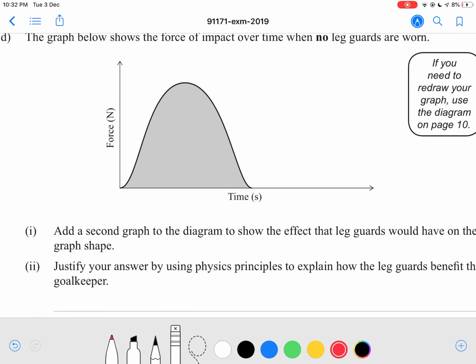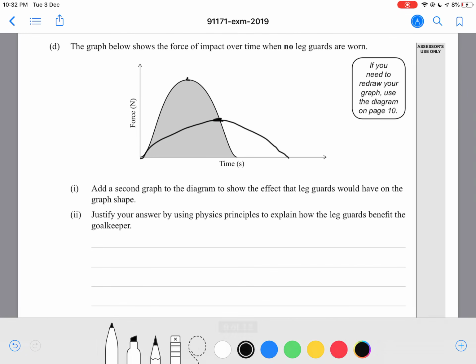So our graph should have a much wider parabola, with the same total force but less average force per second. It should look something like this. This peak here will be less than this peak here, and that would be your graph. This area that we have here is equal to this area here.